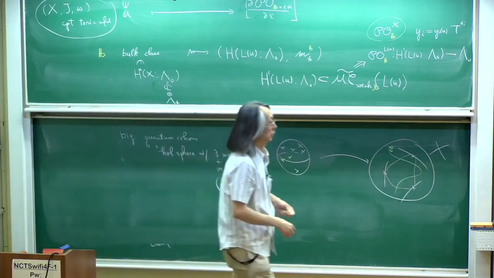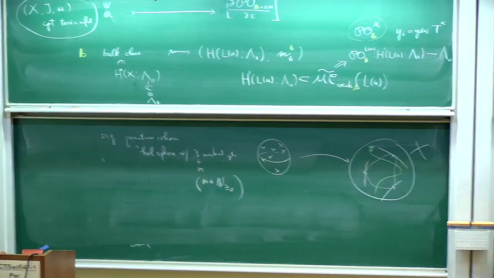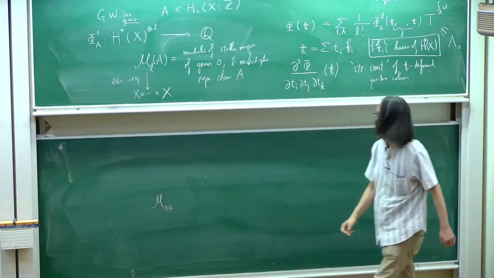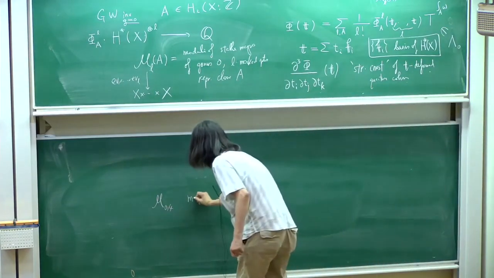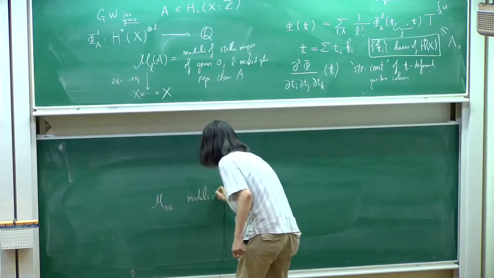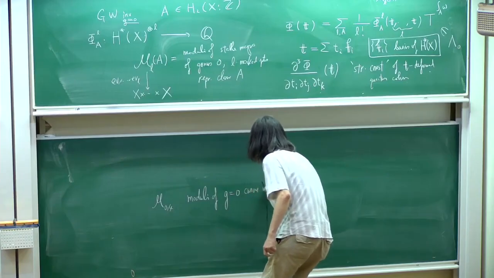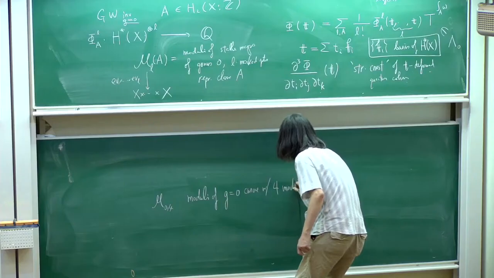Then why do we have this associativity? So associativity actually follows from here. So in the usual case, we consider the moduli space of P1 with 4 marked points. So this is actually the moduli of genus 0 curves with 4 marked points.